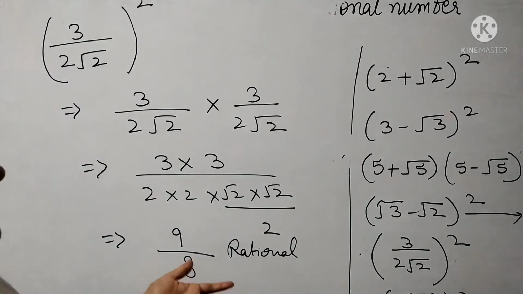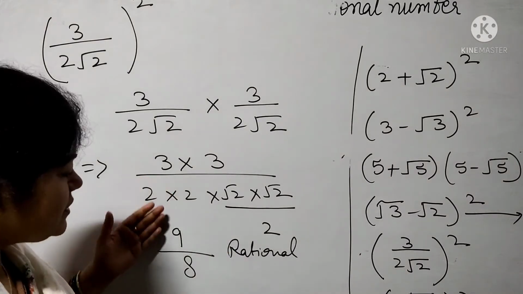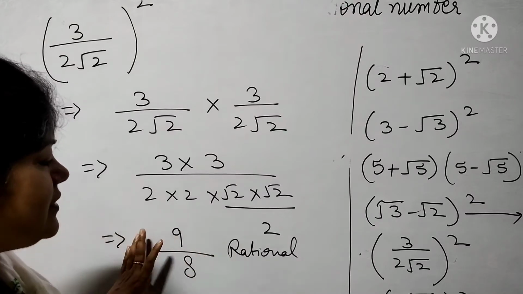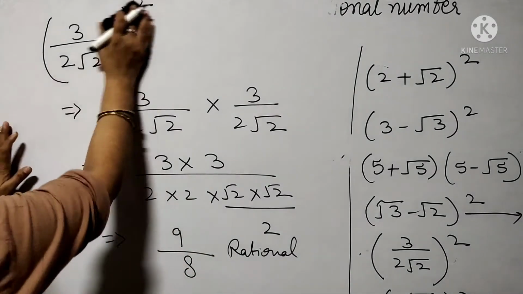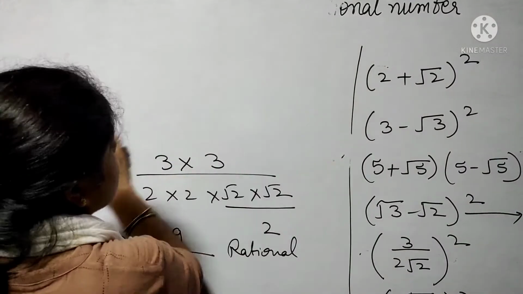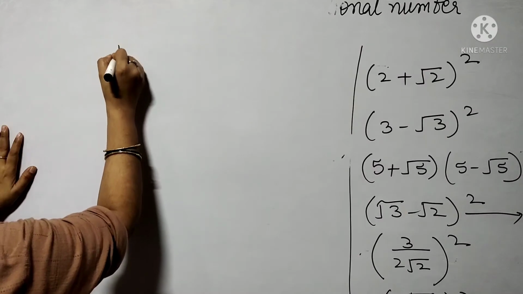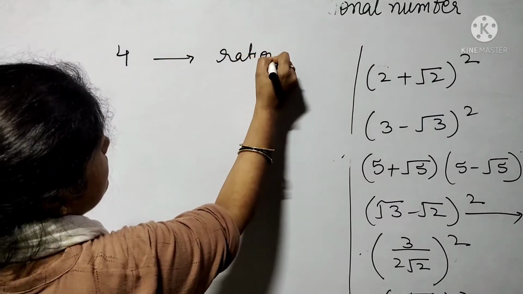Easy. When there is a square root, it is an irrational number. When there is no square root, it is a rational number. Okay. Now again I want to explain a little bit more of the concept. That is, if we have a simple 4, this is a rational number.